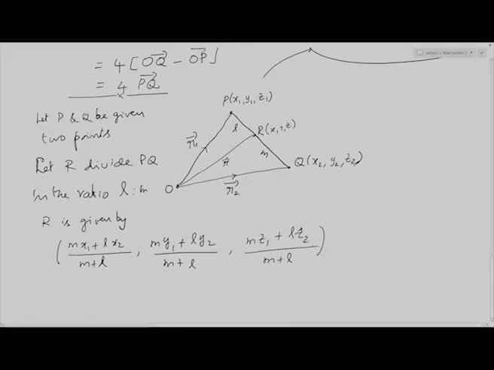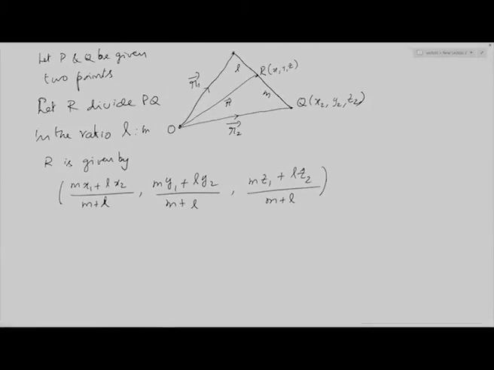So, this is the coordinate of the point R which divides PQ in the ratio L to M. Now, if I write OR in the vector form, it is equal to 1 by m plus l, which I can take out because it is common in all the components, and then I am combining the terms with m. So, this will be x1i plus y1j plus z1k.